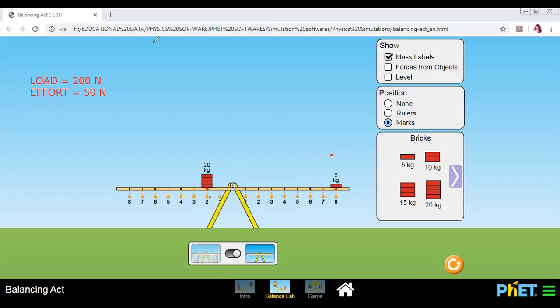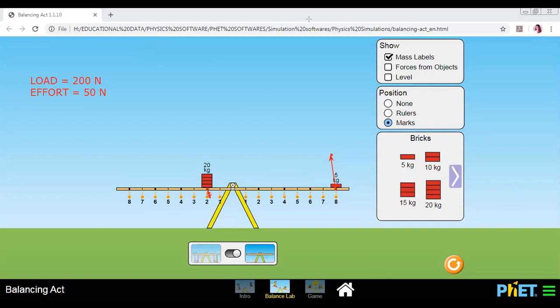From this you can easily figure out this distance. This distance is my displacement of effort, and this distance from this end to this is my displacement of load. Exactly.